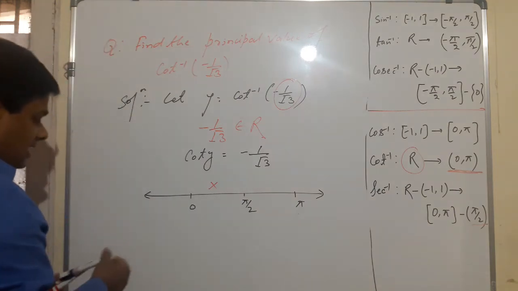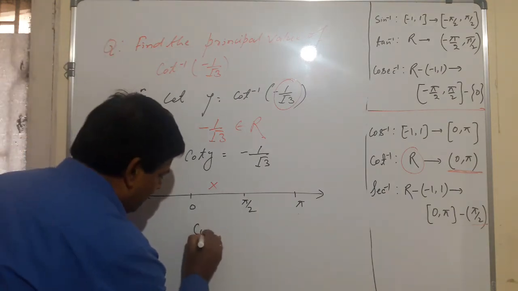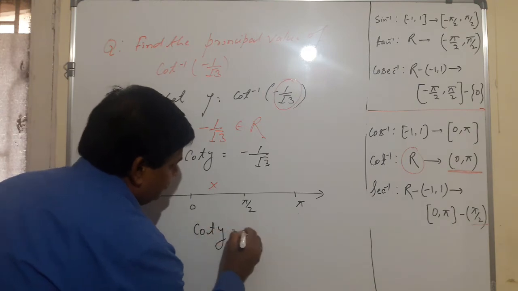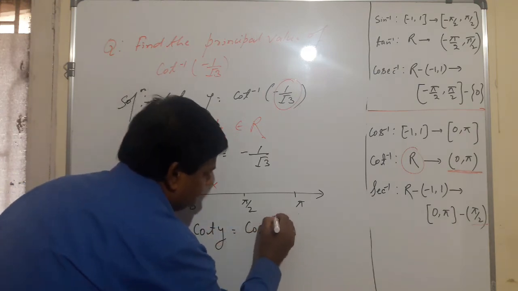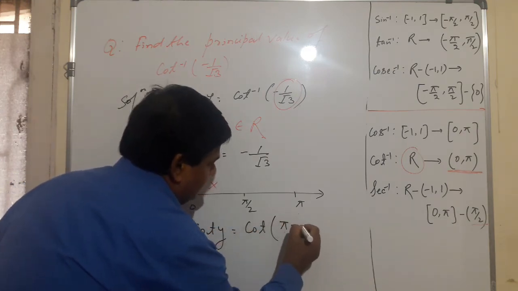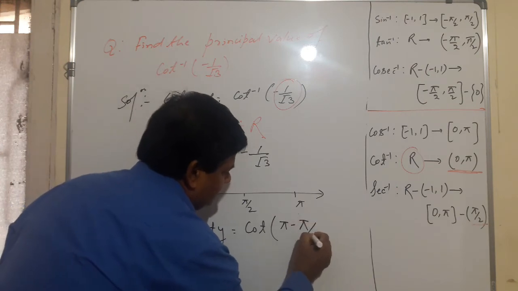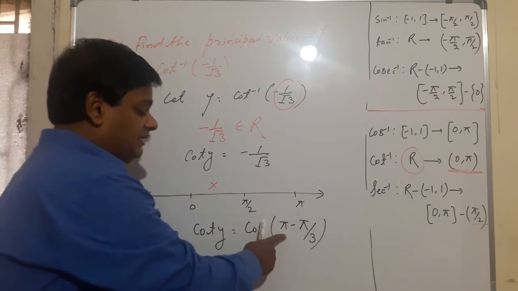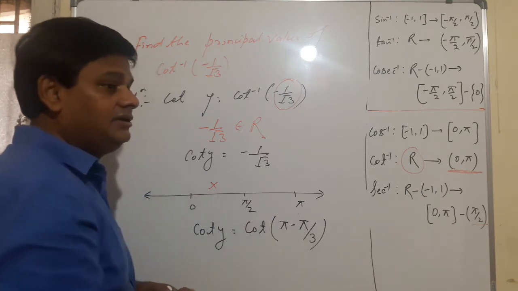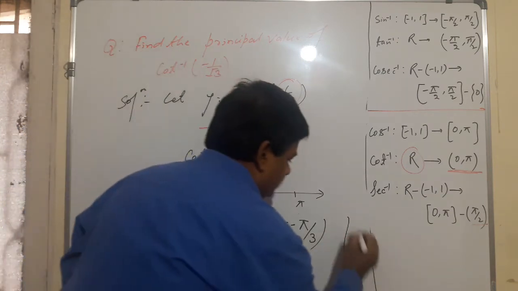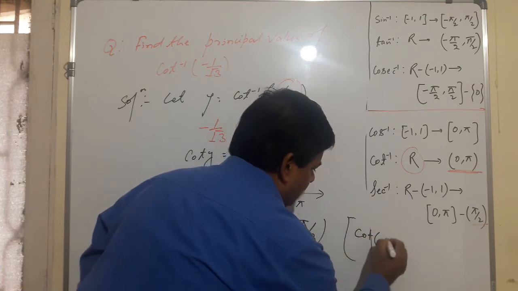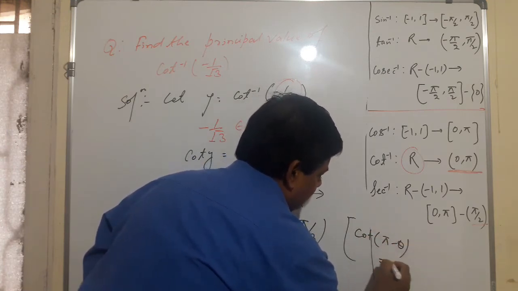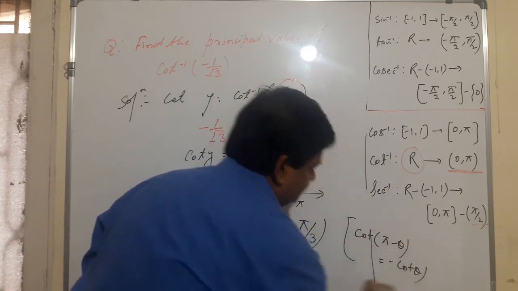So we can write cot y is equal to cot of 180 degree minus theta. We know that cot of 180 degree minus theta is minus cot theta.